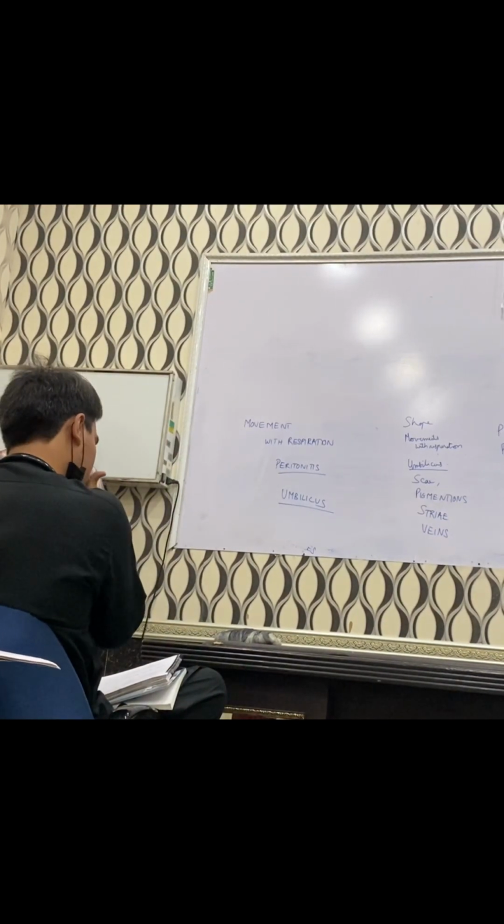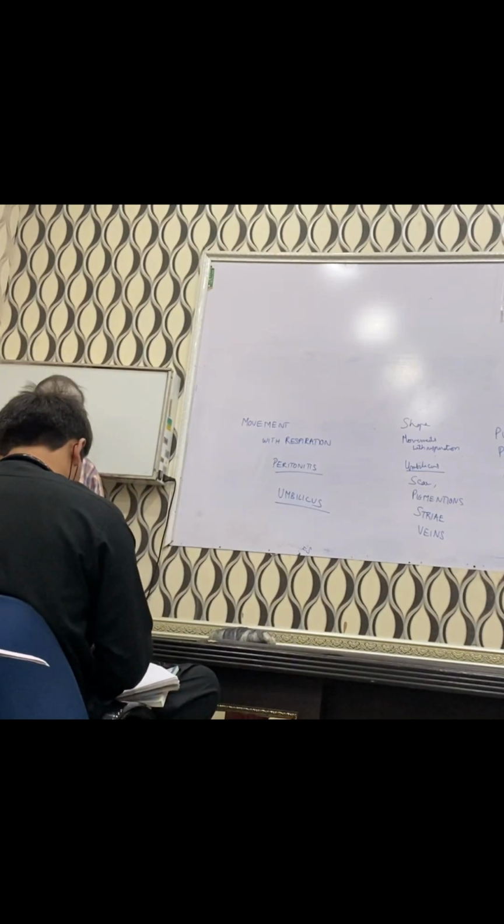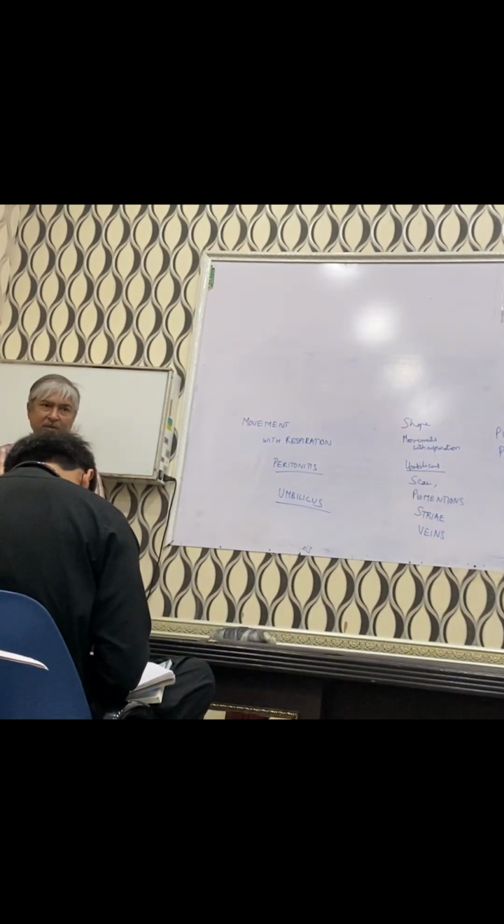Normally the umbilicus is between the xiphisternum and pubic symphysis, and it is inverted. The slit is inside, inverted.